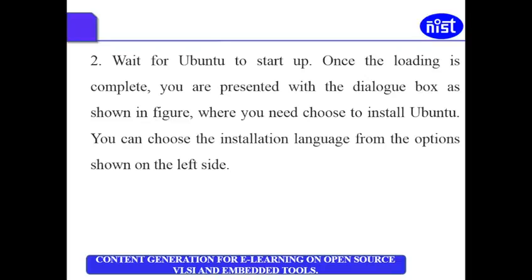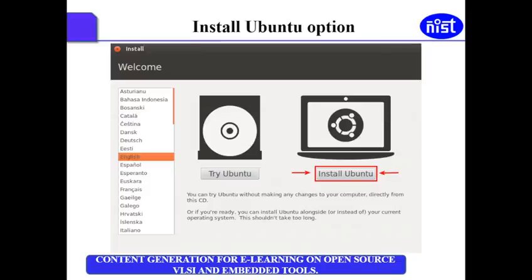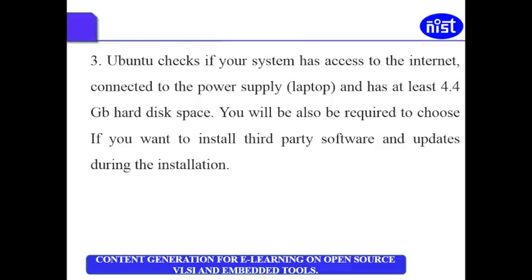You can choose the install language and then move on, or you can leave it out. After doing this, Ubuntu checks whether the system is connected to the internet or not, and all other requirements, like whether at least 4.4 GB of hard disk is available for the operating system, and whether you want to install third-party software and updates during the installation.